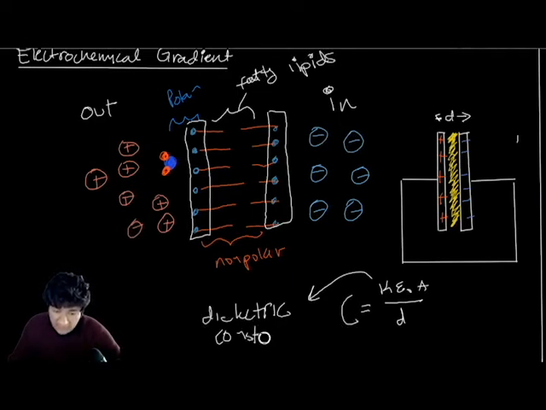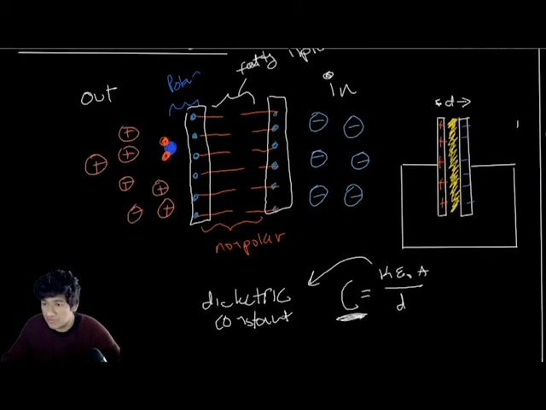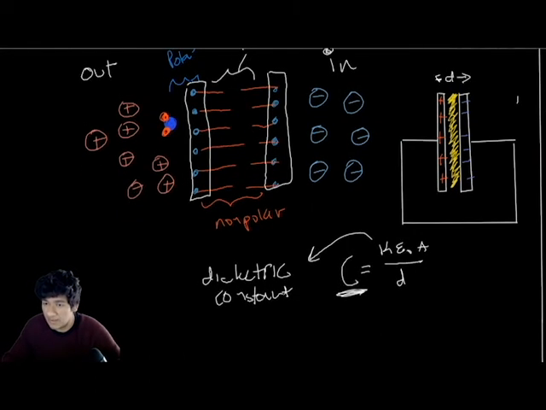So the higher the dielectric constant, the more capacitance, and the more energy it will be able to store. Usually in an electric circuit the dielectric is air, and the dielectric constant for that is just 1.